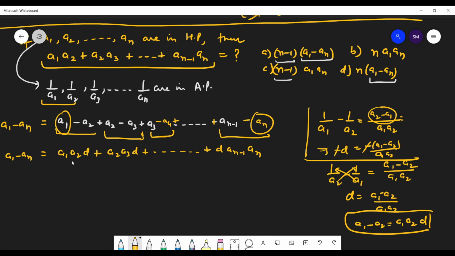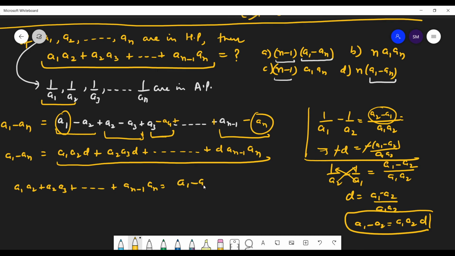Can you take d common? Yes. We are reaching near to this. So taking the d common, or divide both sides with d, that's the same thing, 1 upon a1 a2 plus 1 upon a2 a3, plus so on up to 1 upon an minus 1 an is equal to a1 minus an upon d. Is this okay, students?